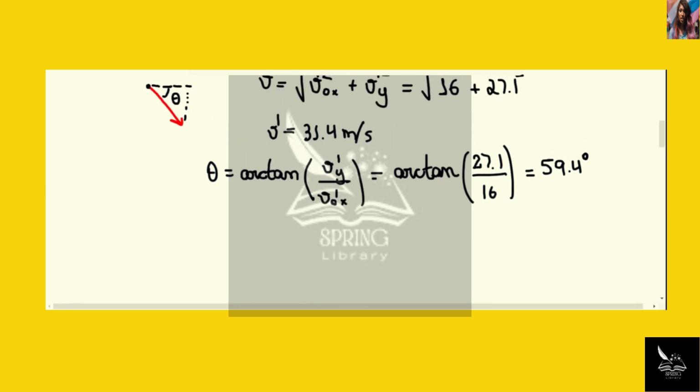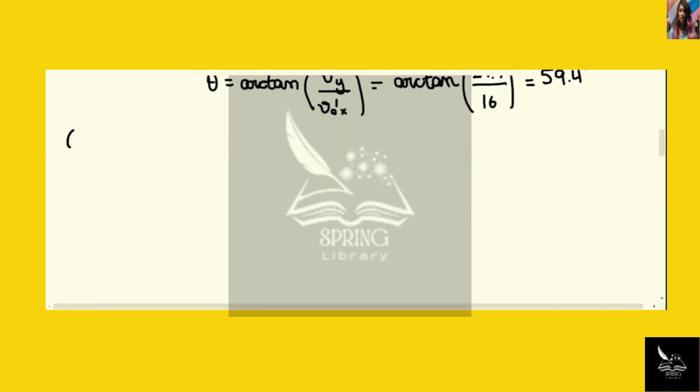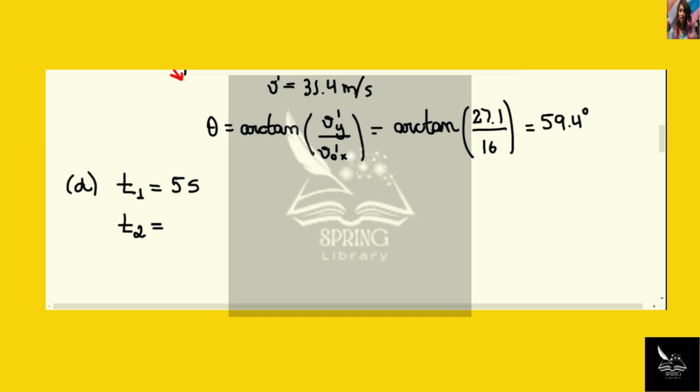In question D, we have to calculate the total time that the car is in motion. So the total time is the time it takes rolling down the steep incline, which I'm going to call T1. We have already calculated that in question B, and that is 5 seconds, plus T2, which is the time that the car spends freely falling.